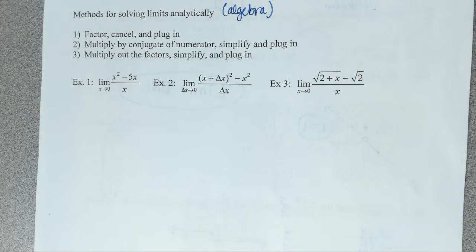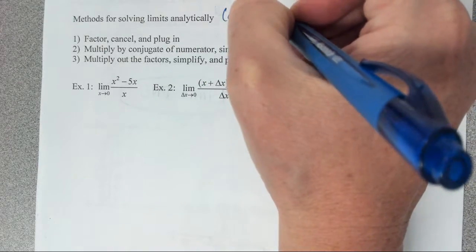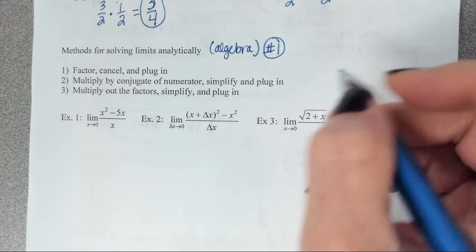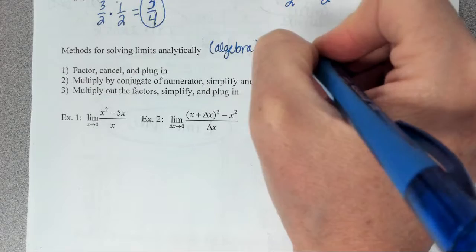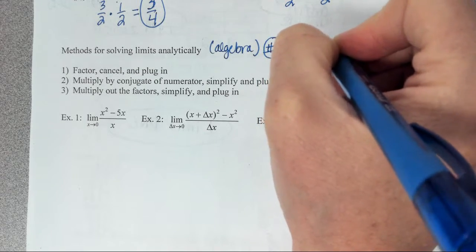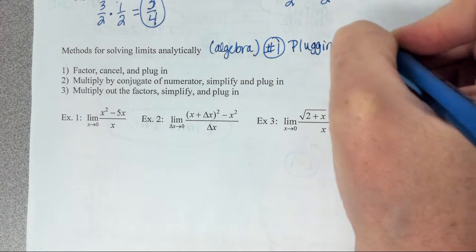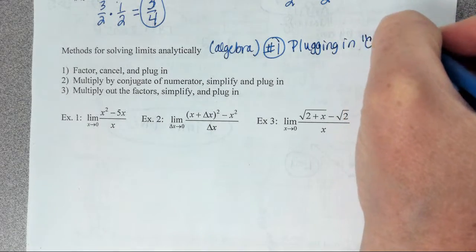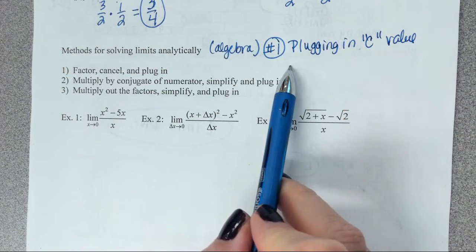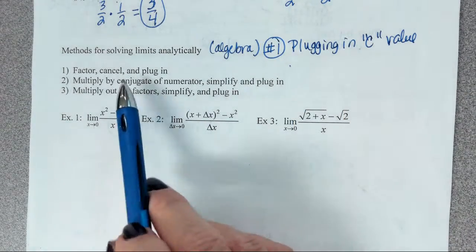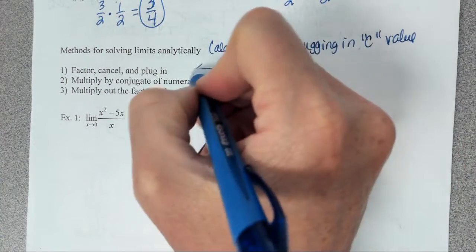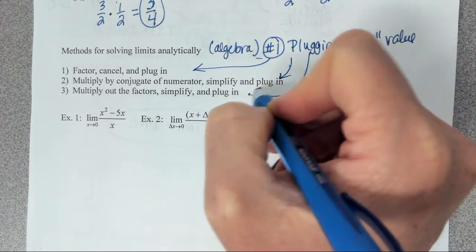Graphically is where we can look at the calculator and look at the graph and see what the limit is. So the first thing we always want to try, number 1 method, is to try just plugging in the c value. That's the number 1 thing to try. If that doesn't work, then you want to try one of these 3 things.